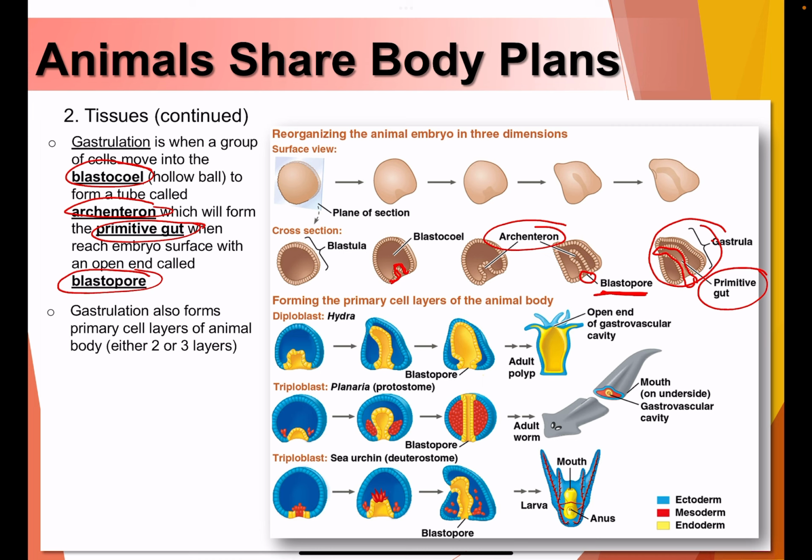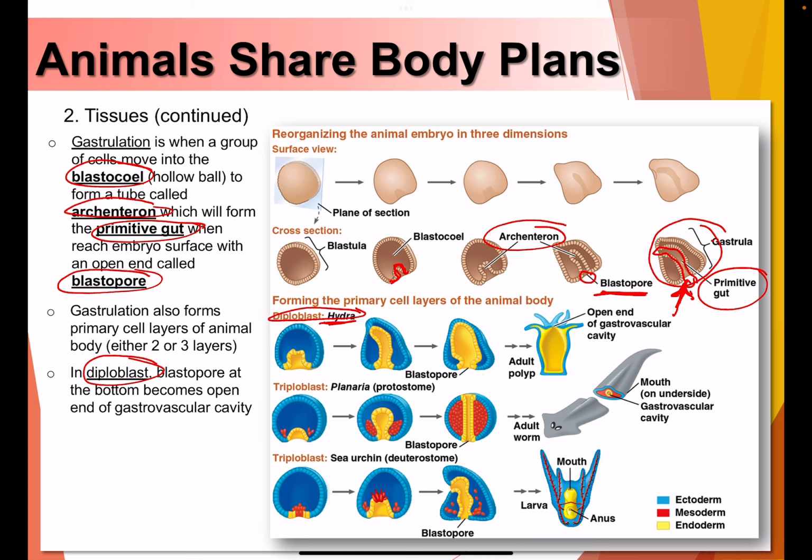Now, gastrulation also forms the primary cell layers of the animal body, which is either two or three layers: the ectoderm, endoderm, and mesoderm. In diploblasts, the blastopore at the bottom, which is right there at the bottom, will become the open end of your gastrovascular cavity. So here's a diploblast.